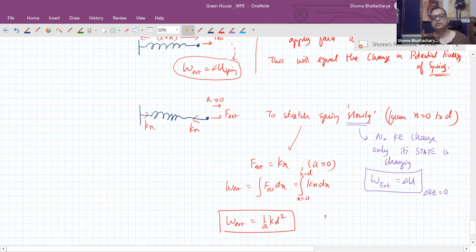Okay, and because here the change in kinetic energy is 0, therefore the work done by the external agent is equal to the change in potential energy of the spring. So that is equal to half kd square.